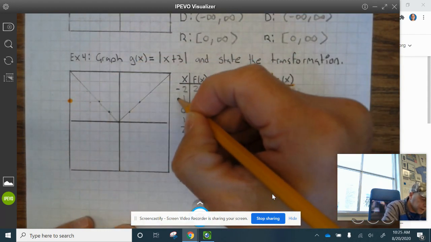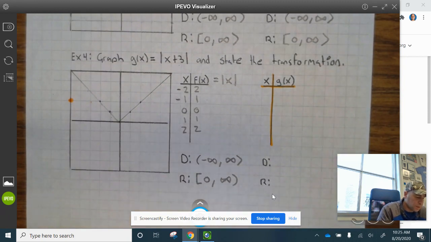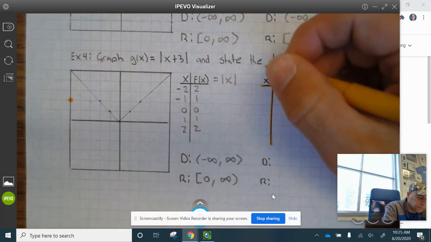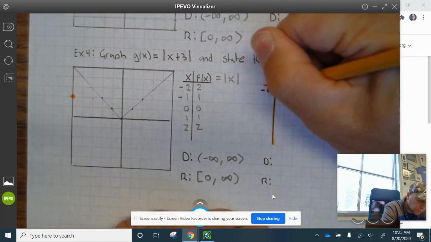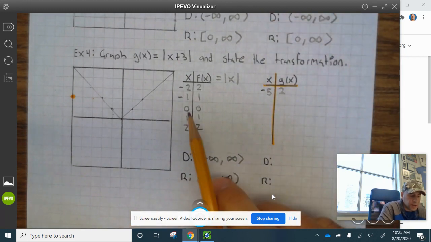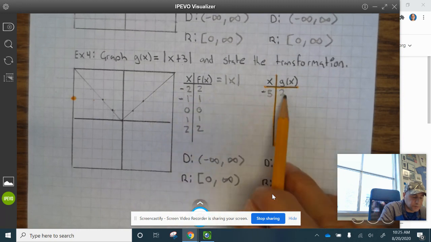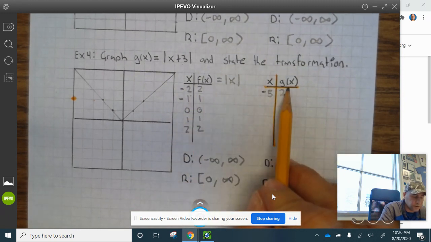And this point is negative 1, 1. Okay. So now this point would be negative 1, negative 2, negative 3, negative 4, negative 5. So negative 5, 2. Notice that it went 3 units to the left on the x, but the g of x didn't change because, again, we're only going horizontal. And x is horizontal, and the g of x and f of x are the vertical.